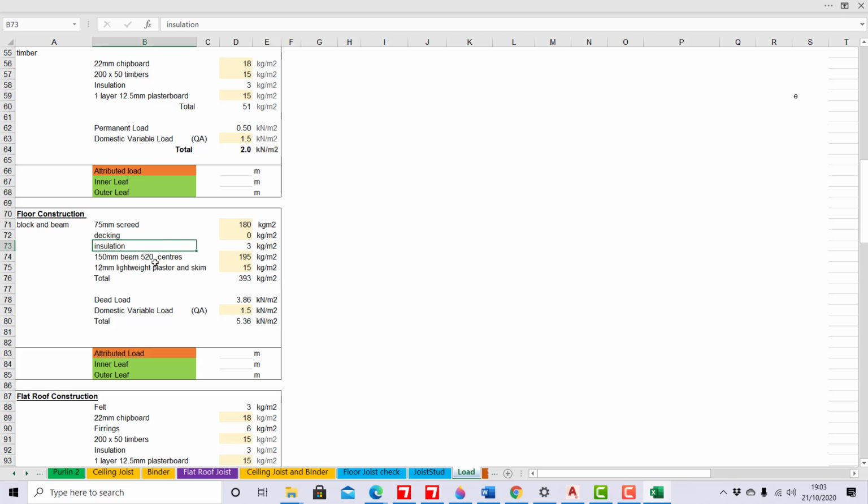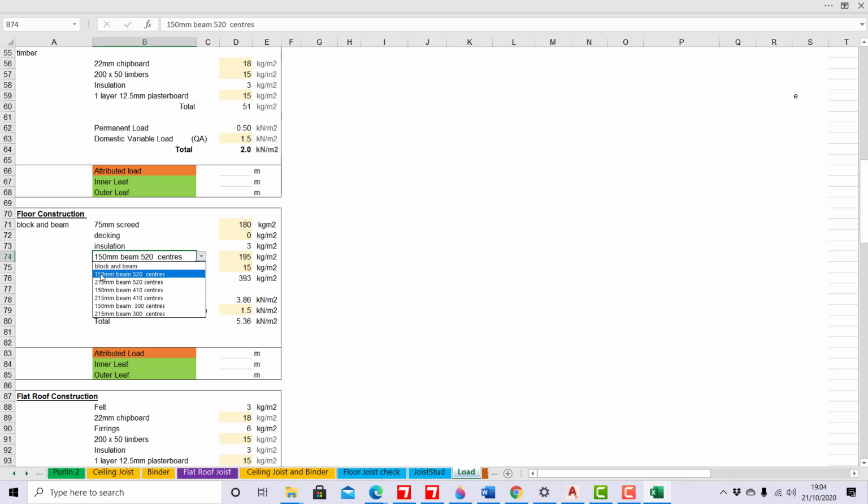Insulation, 3 kilograms a square meter. And then you have your various combinations. That's your general combination, a 150mm beam at 520 centres. That's with the blocks laid lengthwise. Then you could have a 15mm beam, but again, it depends upon what the specification.